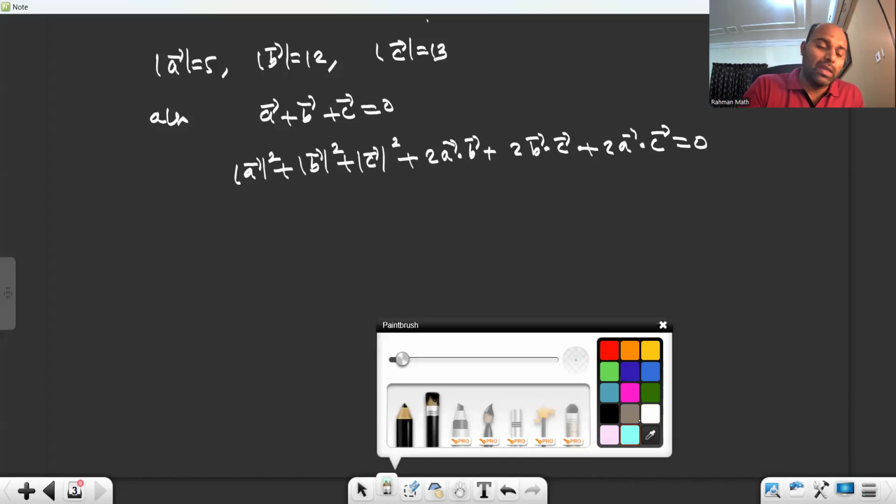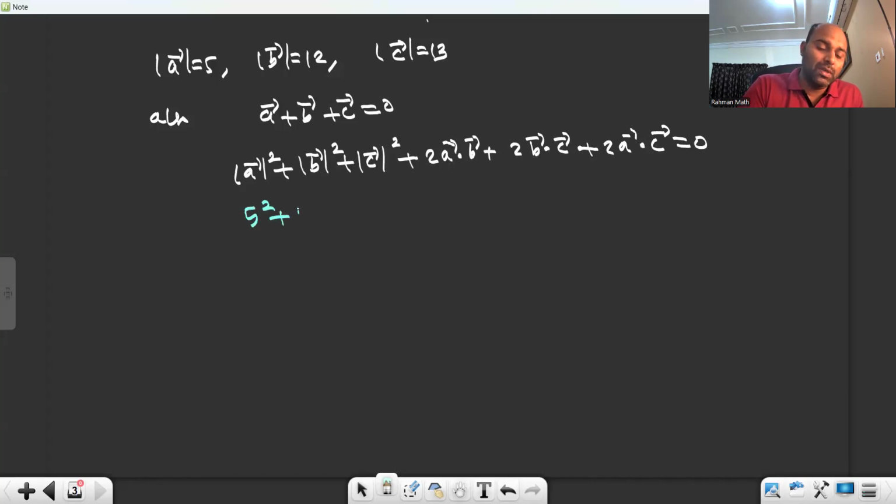So what is magnitude A? That is 5. So 5 square plus 12 square plus 13 square.